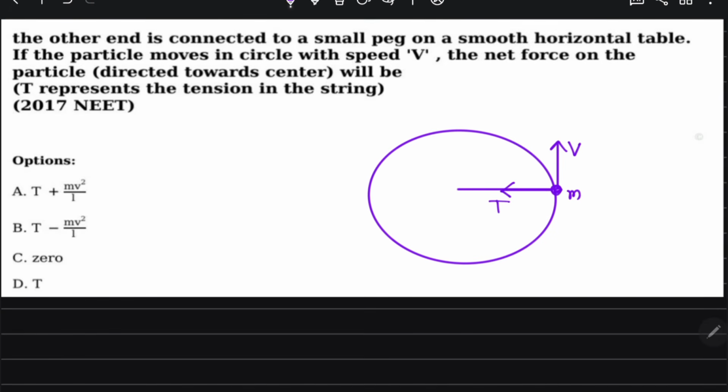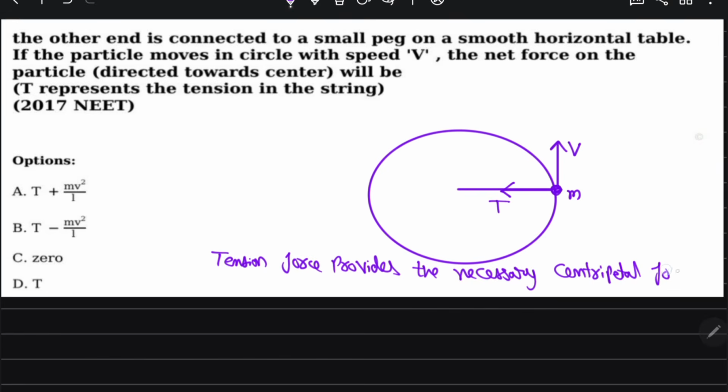So the tension force provides the necessary centripetal force. So option B is correct.